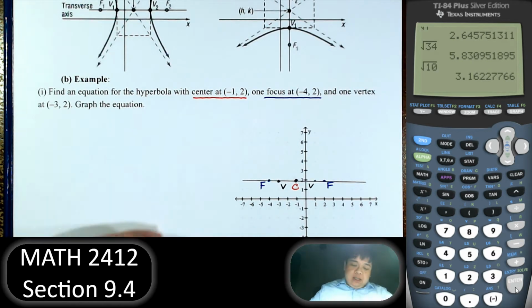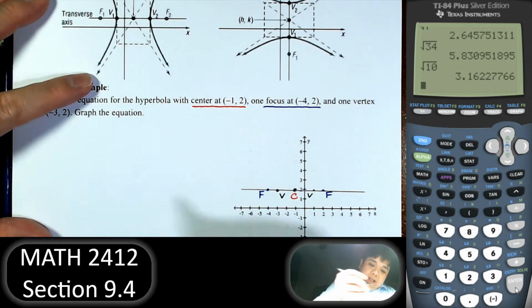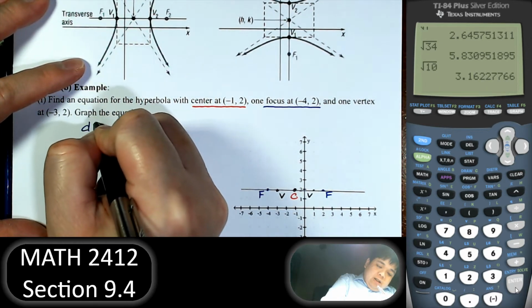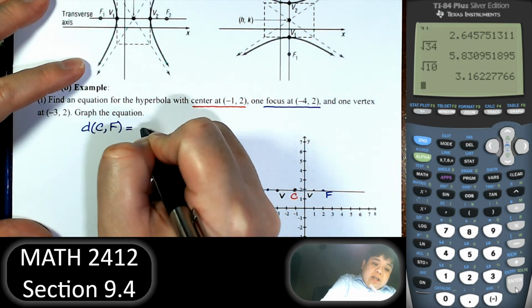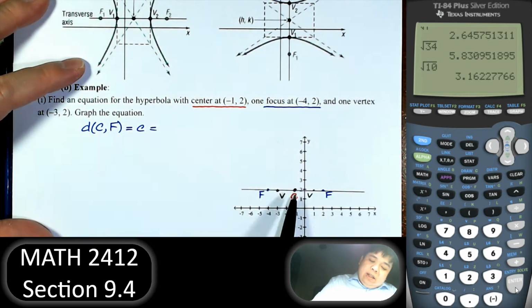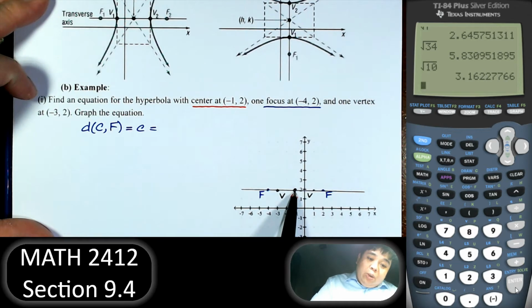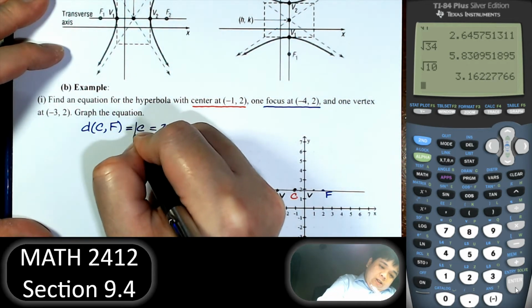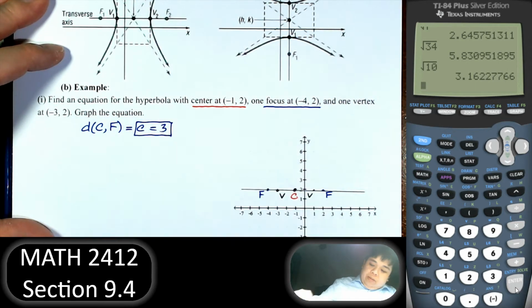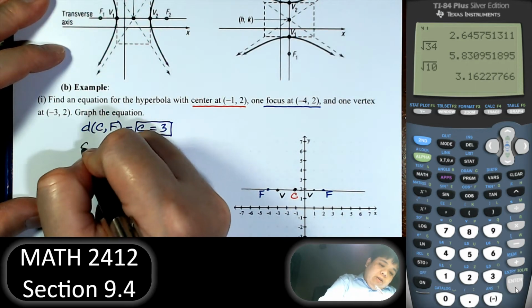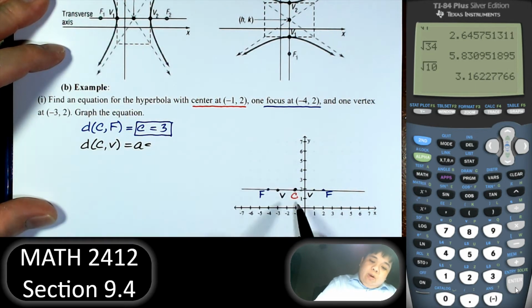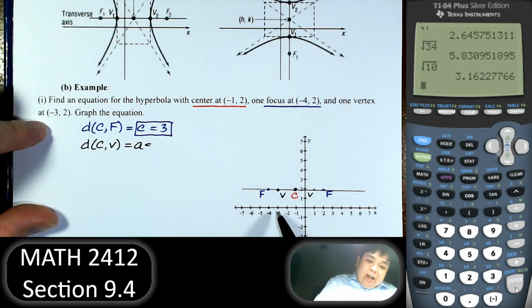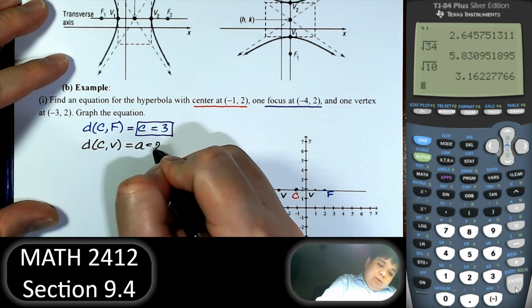Right, next, let's write out the distances. The distance from the center to a focus is going to be c, and from -1 and 2 to -4 and 2, that is 3 units. The distance from the center to a vertex is a, and from -1 and 2 to -3 and 2, that distance is 2.